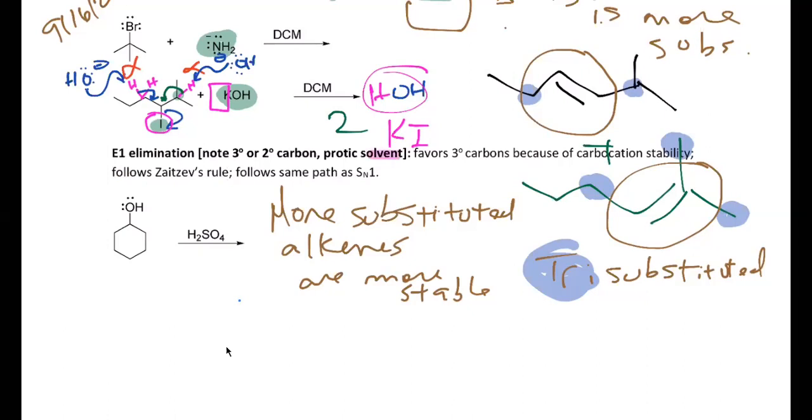Also, protic solvents, right? Because those protic solvents do facilitate elimination if you have a hydroxyl group as your leaving group. The whole idea behind carbocation stability still remains because it follows the same path as SN1. And then it also follows Zaitsev's rule.